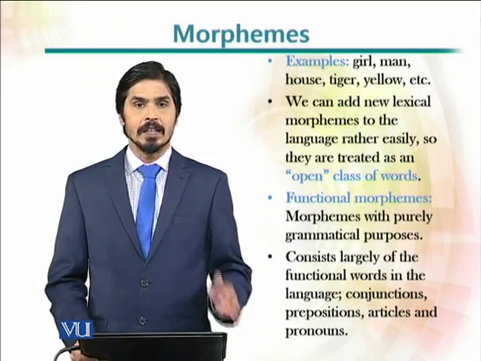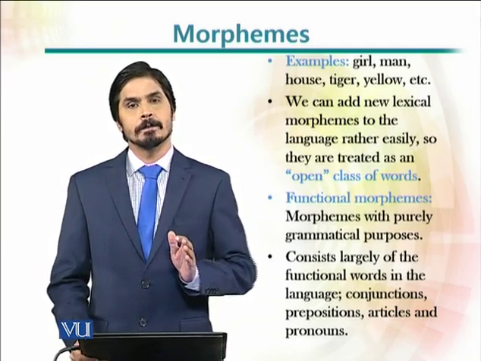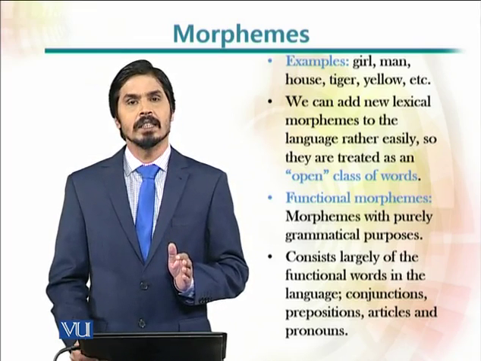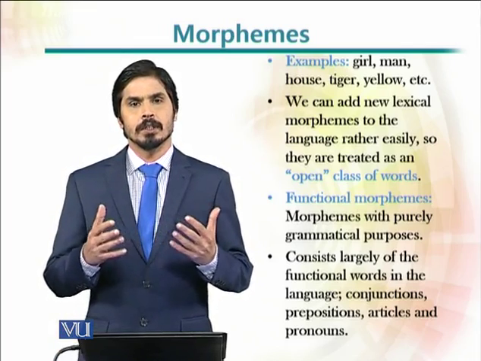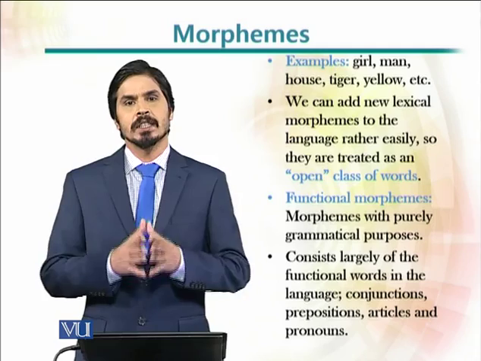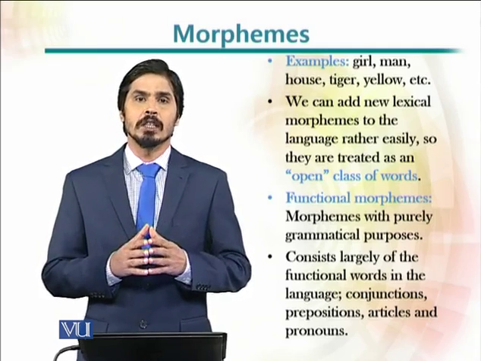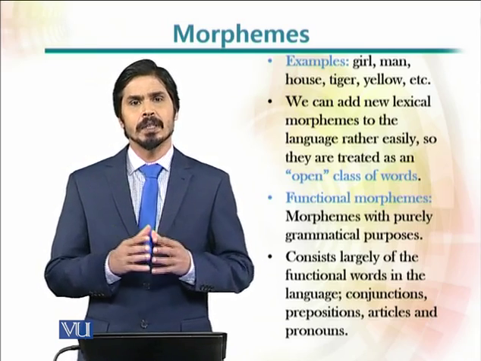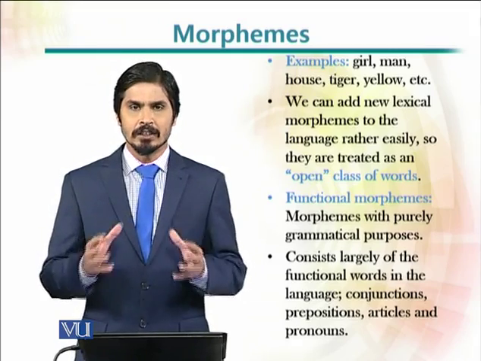They consist largely of functional words in language. For example, conjunctions, prepositions, articles, and pronouns. They have their own independent existence, but their major meanings, frankly speaking, are conveyed with the help of other words in sentences.